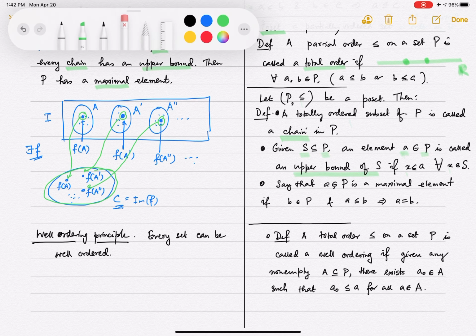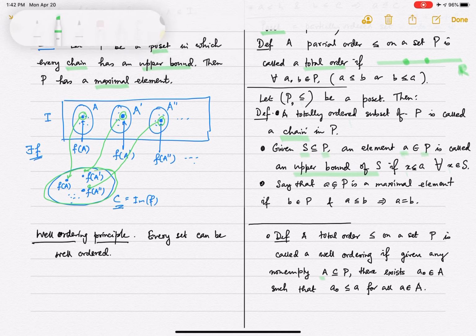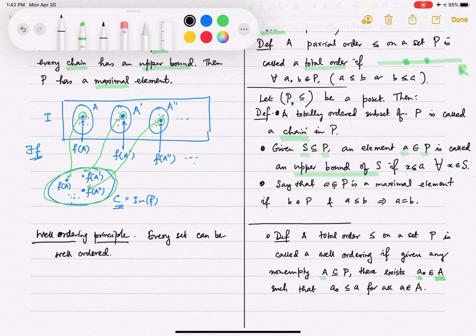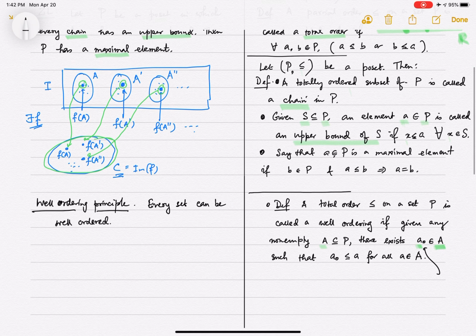A total order on a set P is called a well-ordering if given any non-empty subset A of P, there exists an element in that subset, I emphasize, in that subset, which is less than or equal to every element of that subset, meaning that's a least element of A, the smallest element of A. So any non-empty subset contains the smallest element.